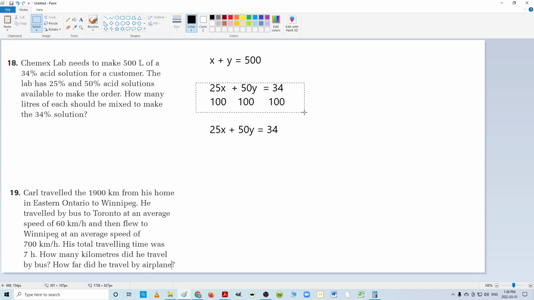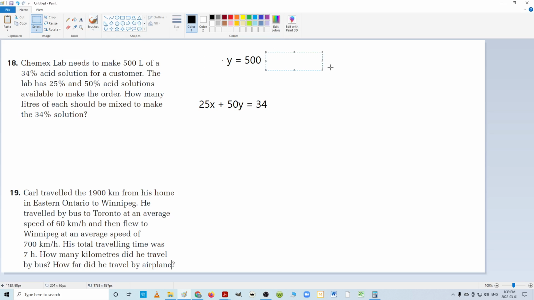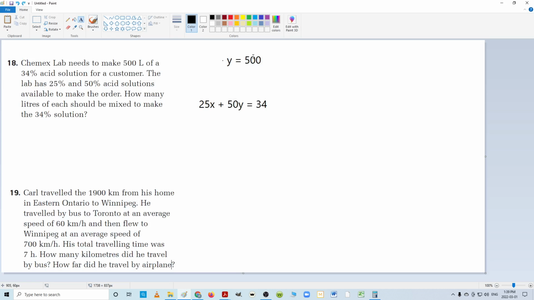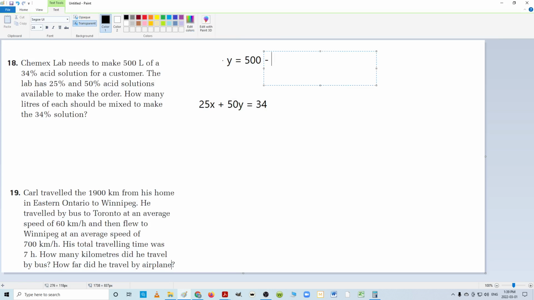I should do a couple with substitution just to show you how substitution works. So this is y is equal to 500 minus x. Which means everywhere I see y down below, I could replace it with that. And then just multiply it out.